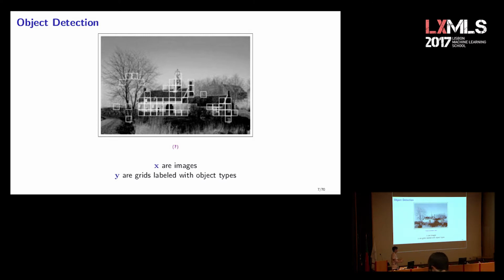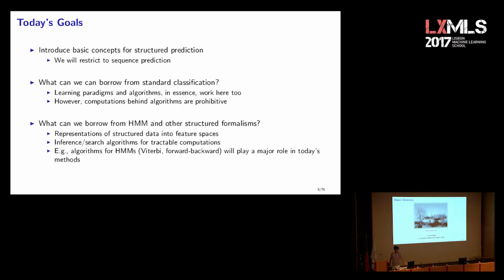If you look at an individual cell, it might be difficult, but if you look at all the cells at once, they make a building. So for sure, there are statistical dependencies in there that we want to exploit. So again, we want to do a classification of each of the cells, but all at once. Okay, because that's going to be useful. So that's what we want to do. Okay, so these are a few examples. As I said, the world is full of structured problems.